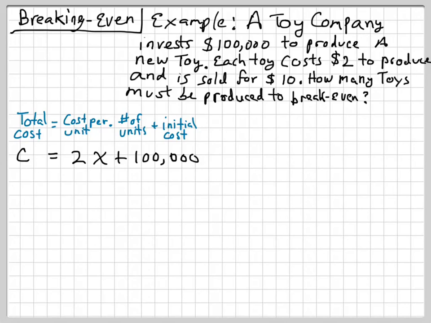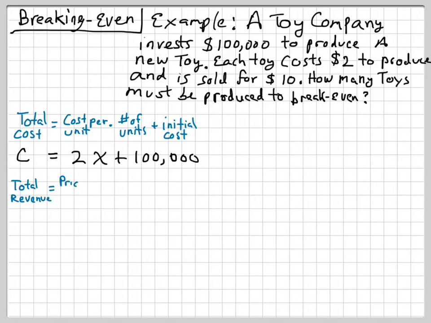The initial cost could be, for example, salary for workers or just rent for the particular facility where the toys are being produced. So in this case, we have C is equal to 2x, the cost is $2, and the number of units is represented by x, plus 100,000.